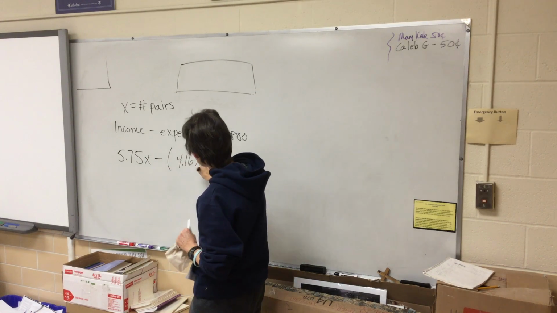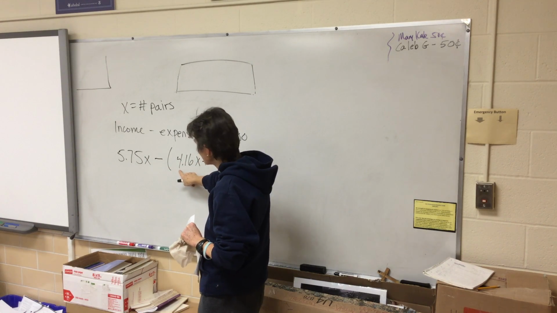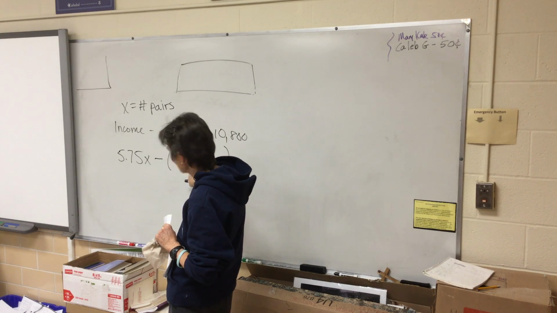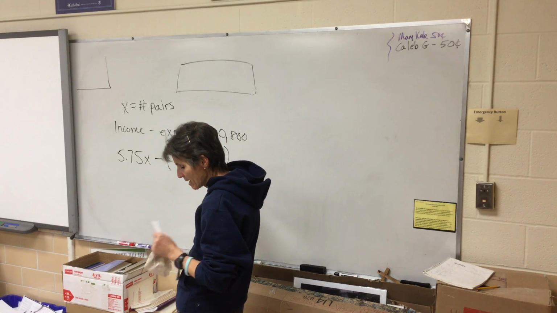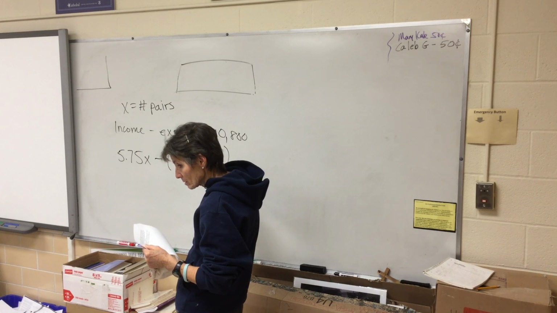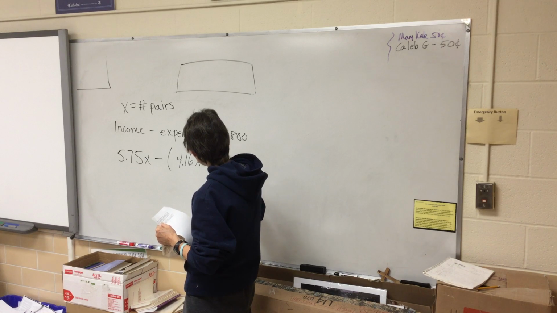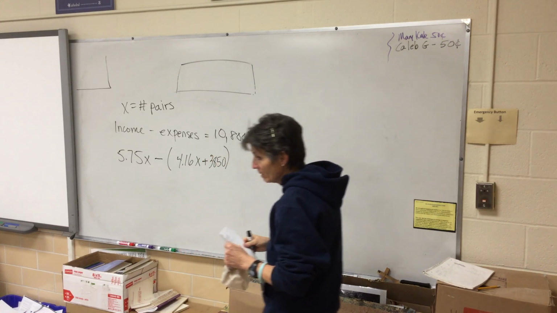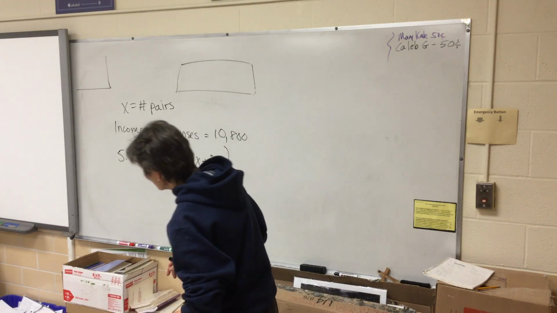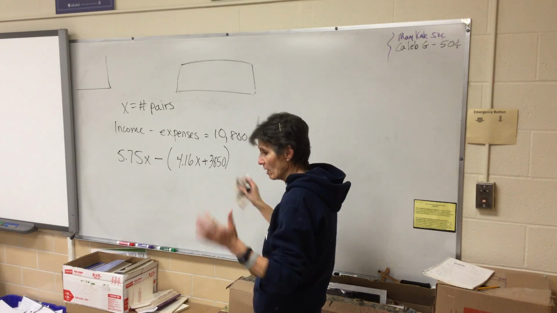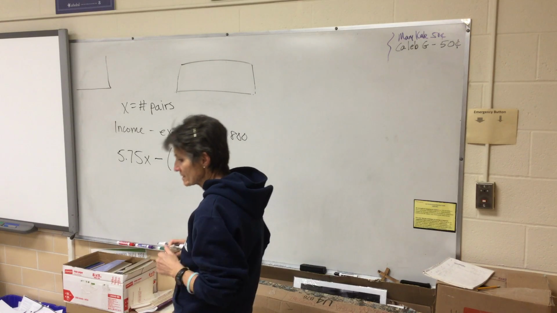What else does he have? Besides just the actual expense of producing the socks, what other expenses does he have? Overhead costs. Yeah. Every week he pays $3,850. So that's insurance for his employees. That's the light bill. That's everything else that goes into running his sock factory.